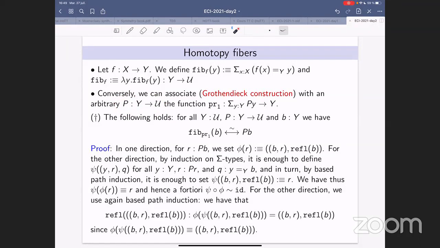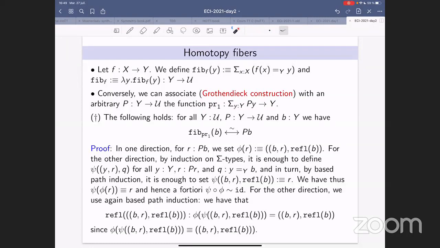So I can collect all the Py's when y varies over capital Y. I can collect them together in a sigma type. So I can form sigma y, Py.